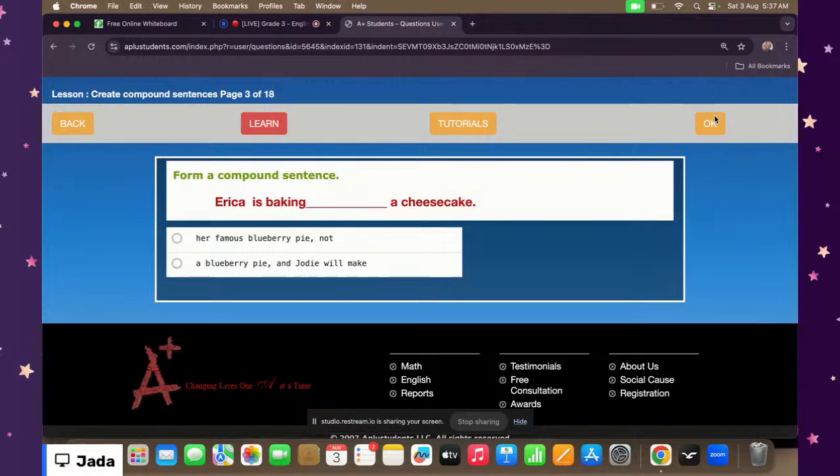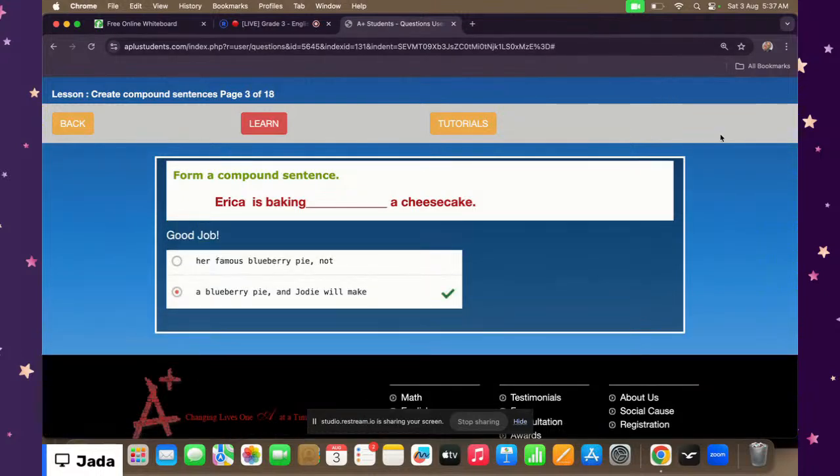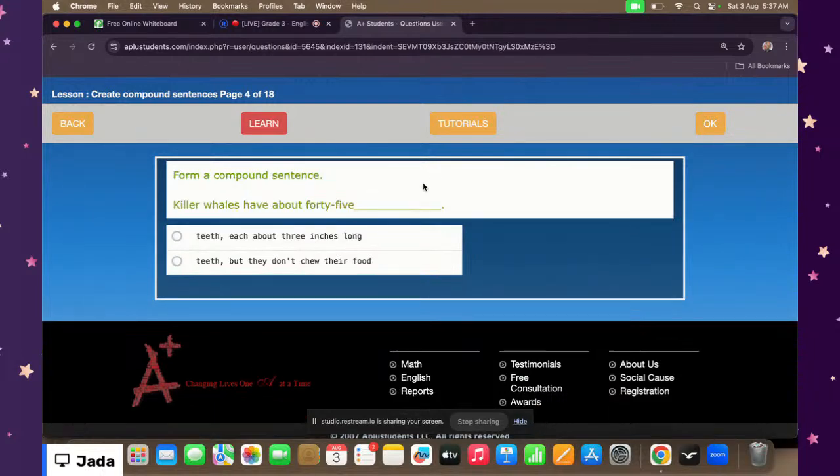The right option, B. Okay. Option B. Killer whales have about 45 teeth. Which of the options?